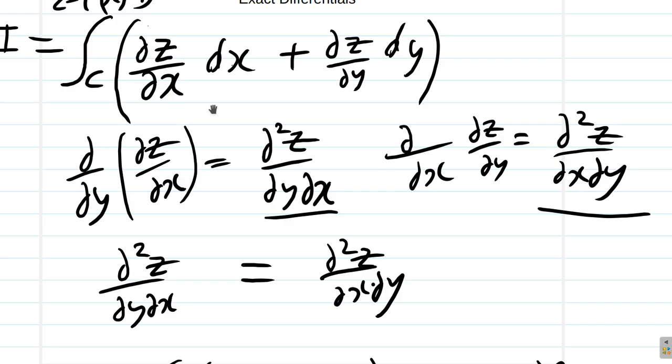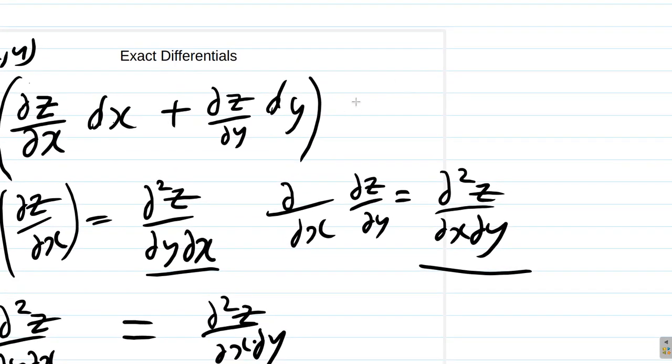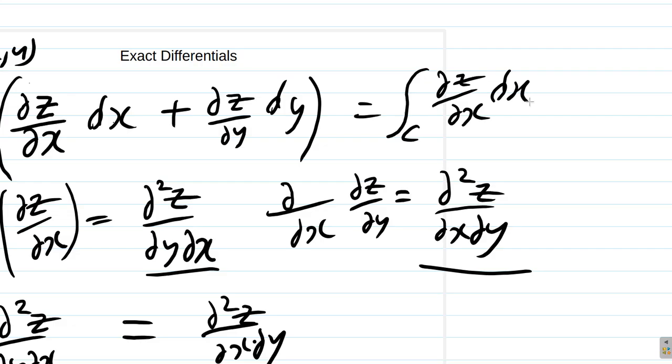Now, if you break this up into two parts, you're looking at the integral along the curve of delta z by delta x dx plus the integral along the curve of delta z by delta y dy. Alright? So that's what's going on there.